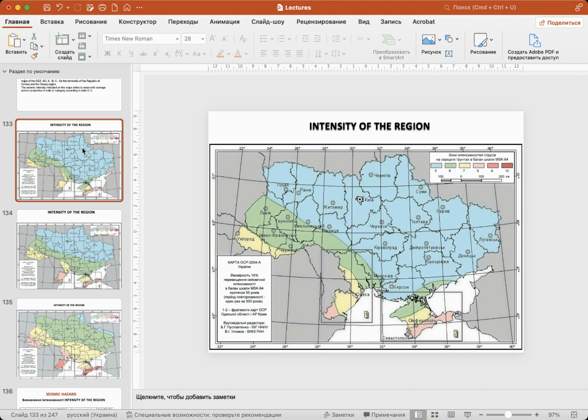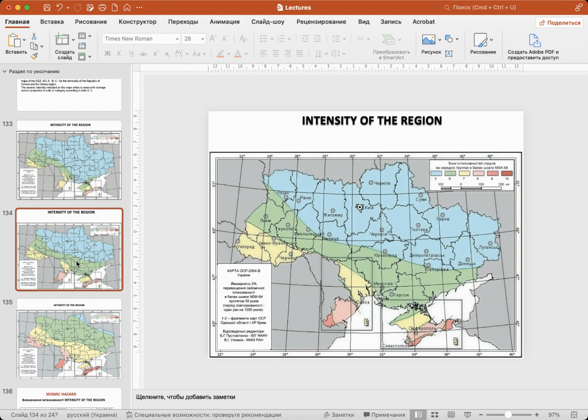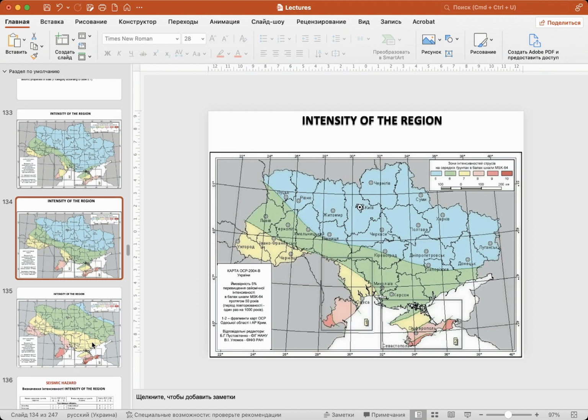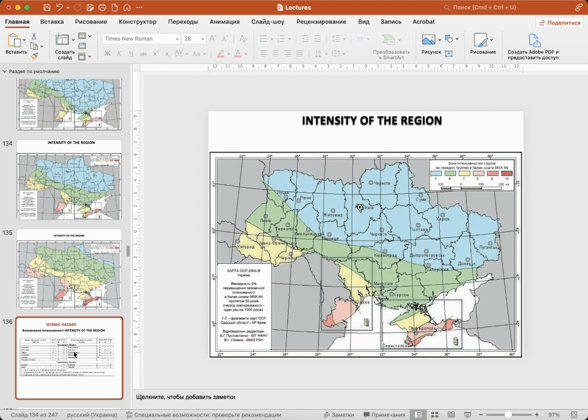If we have a residential or office building with a height more than 73.5 meters, in that case we have to use map B. For some cities and regions, map B has a bigger earthquake intensity compared to map A. But for Odessa, according to map A and map B, we have the same intensity.